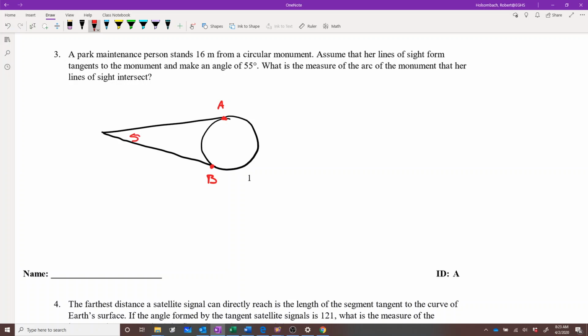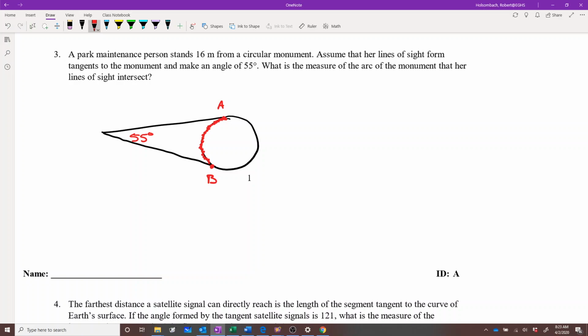This angle is 55 degrees. What is the measure of the arc of the monument that our lines of sight intersect? So right here is what we're looking for. We need this arc length.